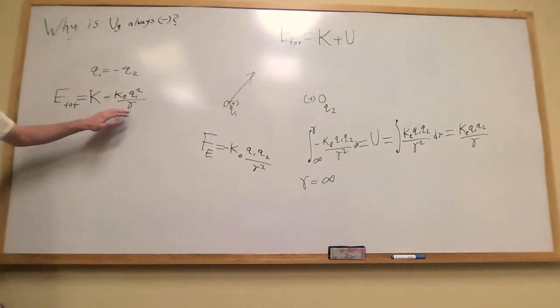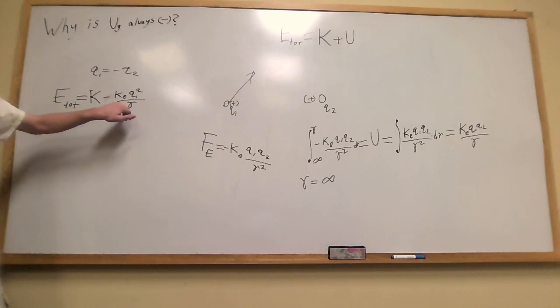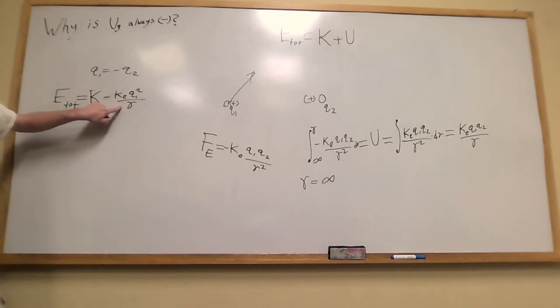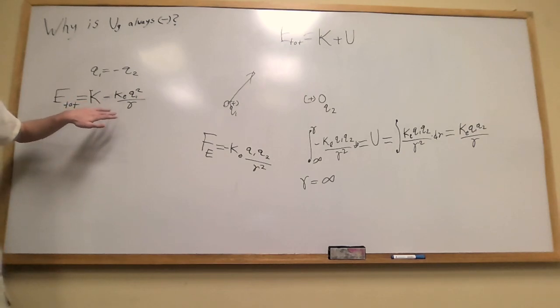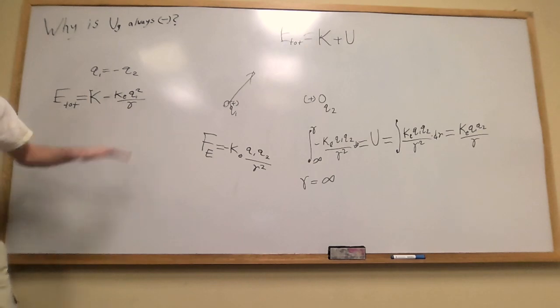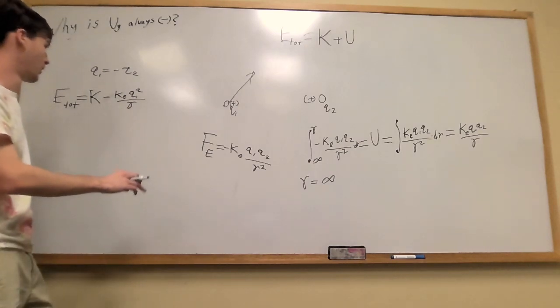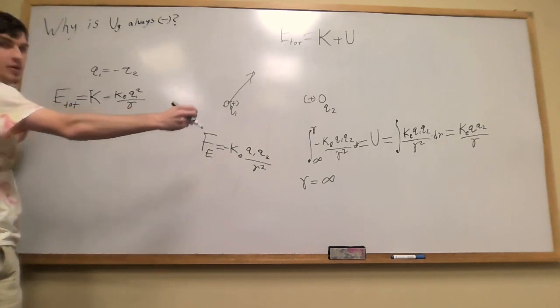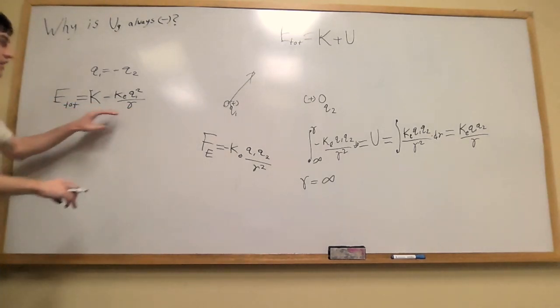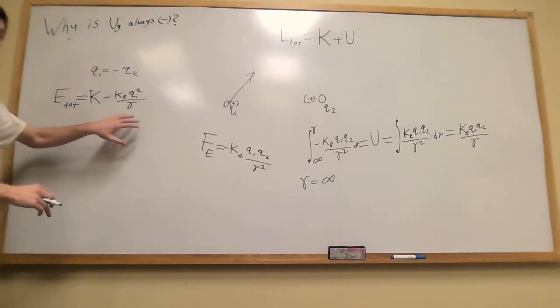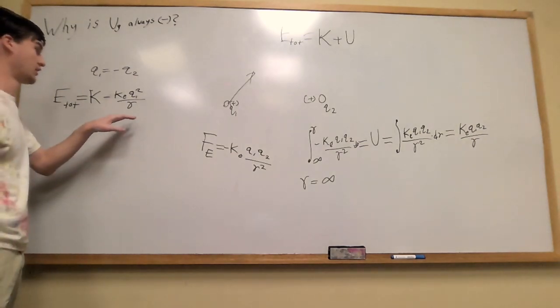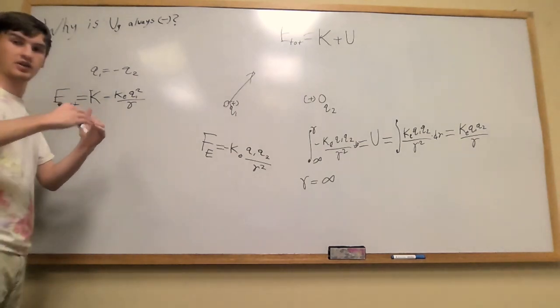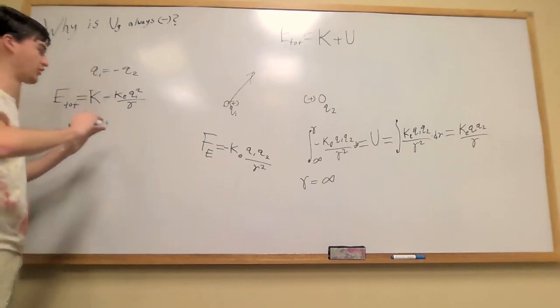And what this does is, as r increases, this number gets closer to zero. So the energy of the system is subject to r, which is why this looks kind of weird. As the charges are pulled further apart by some means, some work, this potential energy will go closer to zero, up to zero, which is weird.